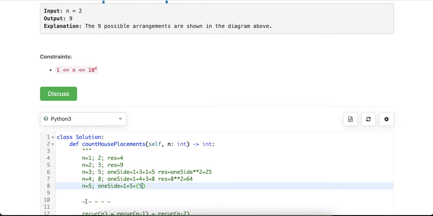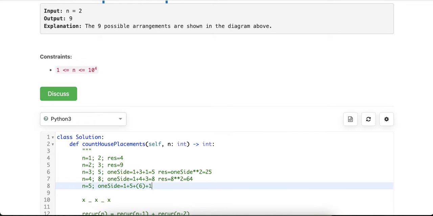This one we already tried, this one not yet, so 6. That's when we have 2 houses. And when we have 3 houses, it becomes only 1, which is this one.